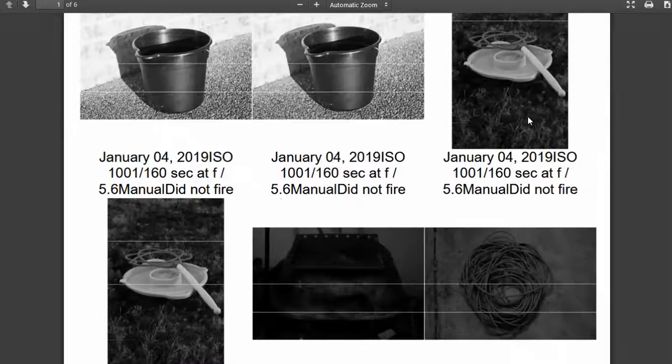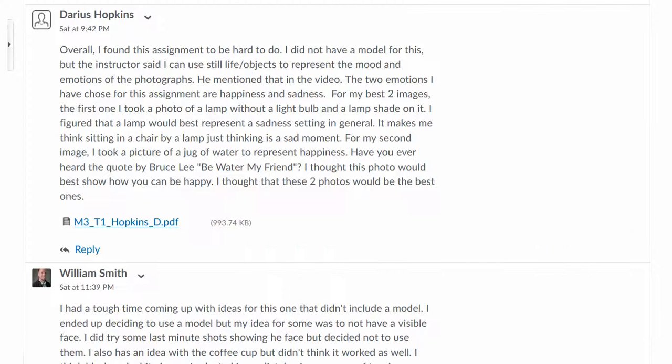The other thing is keep in mind that the setting, where you actually set the object up, can play a huge role in communicating a feeling, setting a mood, and you even touch on it in your statement here. I figured that a lamp would be best represented a sadness setting in general.